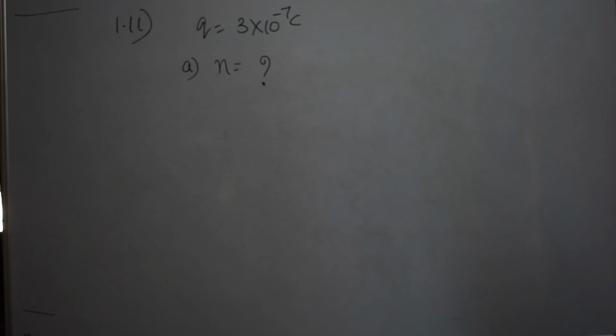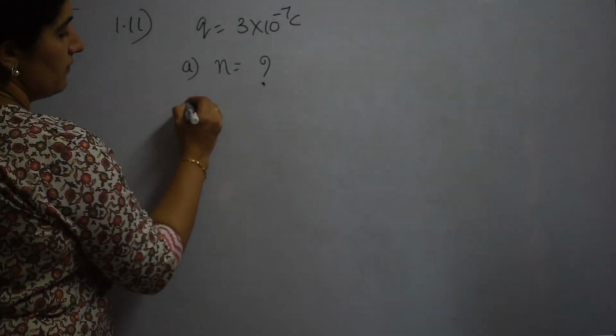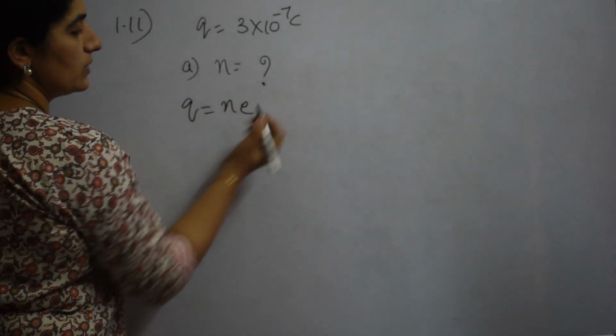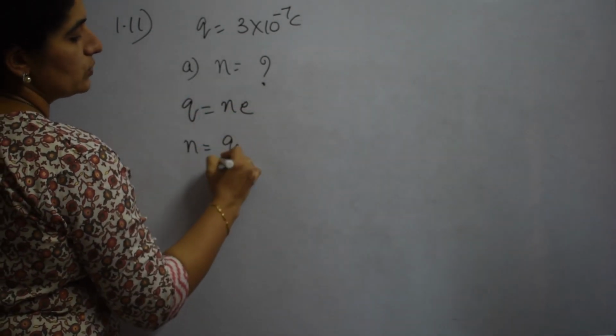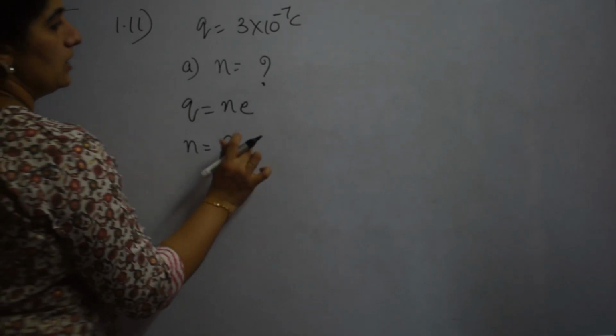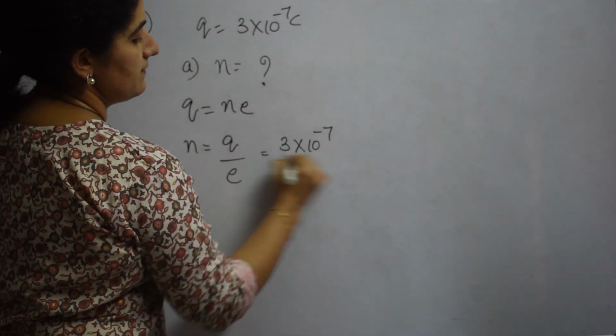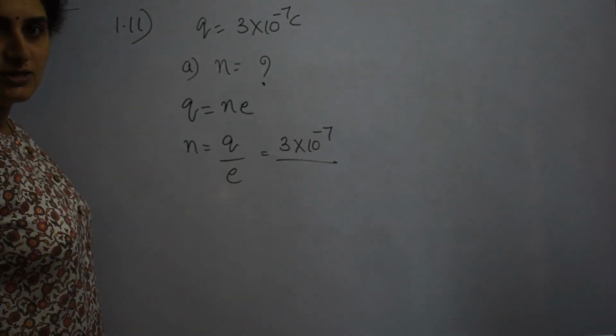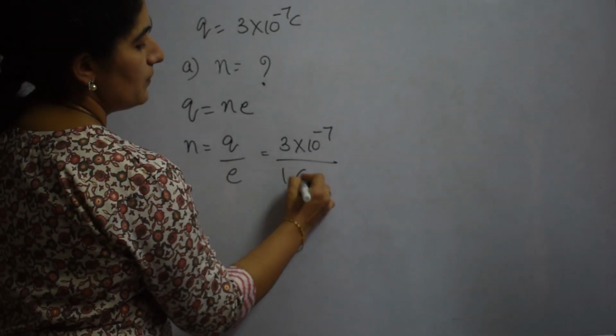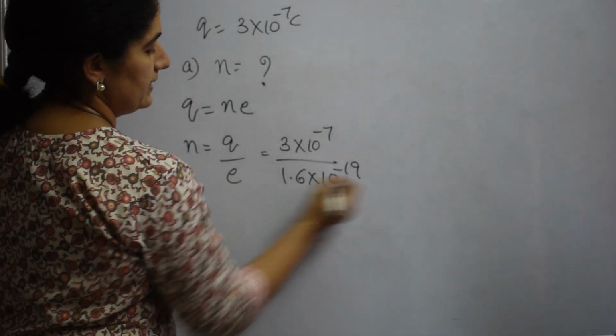So what is the step? What is the equation? We have Q is equal to N into E. N will be equal to Q by E. Q is given, 3 into 10 to the power minus 7, divided by E, the charge of each electron, 1.6 into 10 to the power minus 19.